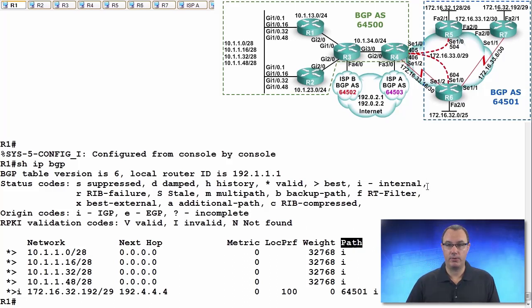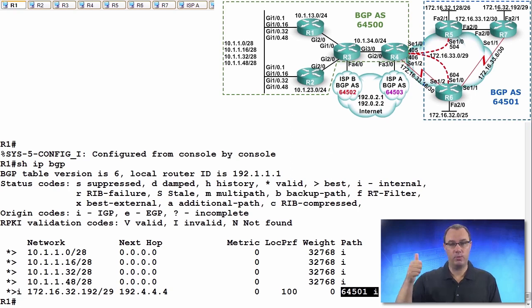So if I were getting to 64501, or specifically the 172.16.32.192 network, which is that one right there, I would look for the shortest autonomous system path. And it's just counting the number of autonomous systems.